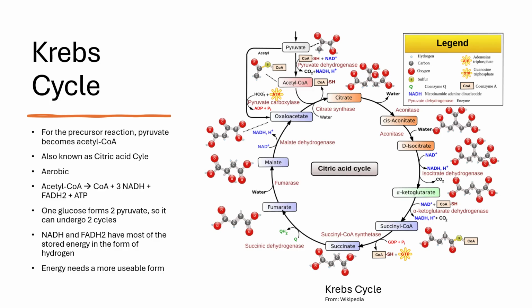NADH and FADH2 have most of the stored energy in the form of the hydrogen that they carry, and that energy needs to be converted to a more usable form still, which is the reason for the next process we're going to be going into.